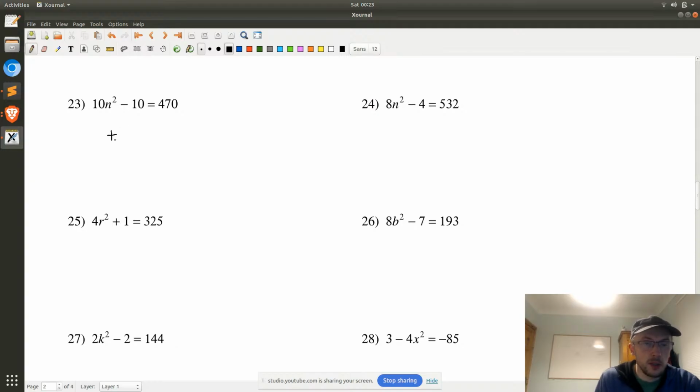So, plus or minus 4 root 3. 536. Divide that now by 8. So you get what? Uh-oh. So, 67. Oh.